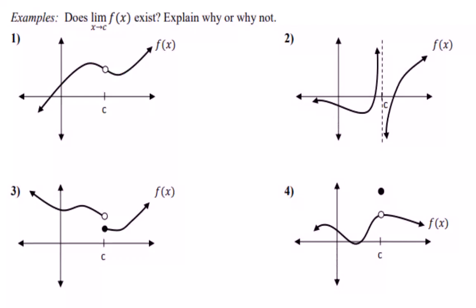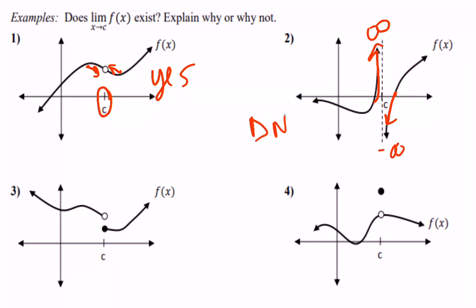In number 1, if I go from the left and from the right, meeting at c, I end up at the same place, so we would say that yes, that limit exists. In number 2, however, as I approach c from the left, we're going to positive infinity, and as I approach c from the right, we go down to negative infinity, so we would say no, the limit does not exist.